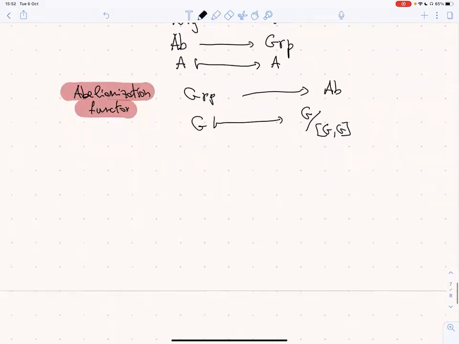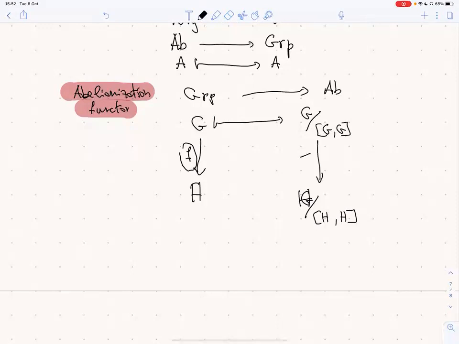I also have to tell you where I send a group homomorphism F. I just observed that every group homomorphism must send the commutators into the commutators, and so it can be mapped to the quotient.